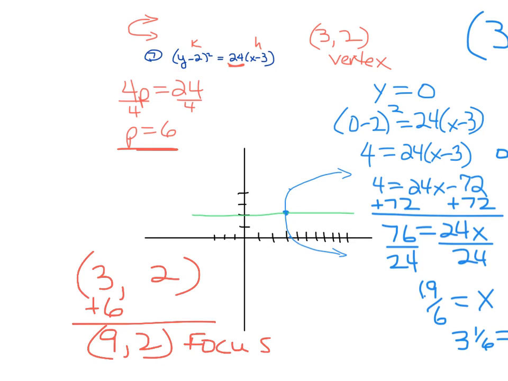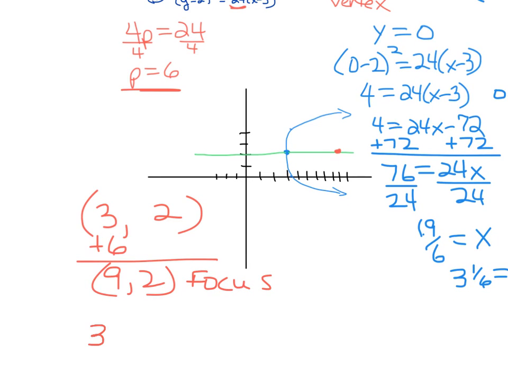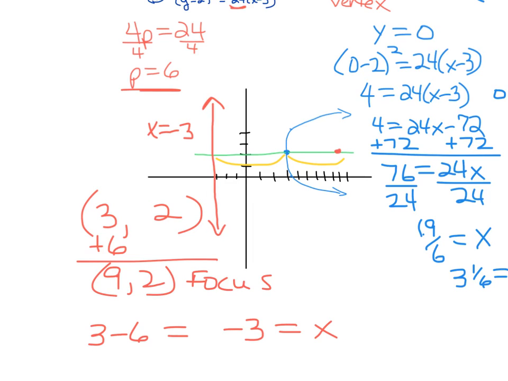1, 2, 3, 4, 5, 6, 7, 8, 9, right here. And then the directrix goes in the opposite direction. So 3 minus 6, opposite of P, and I get -3. And again, it's an equation, so it'll be x equals -3. So here is my directrix. And again, this is 6 units away, and so is this.